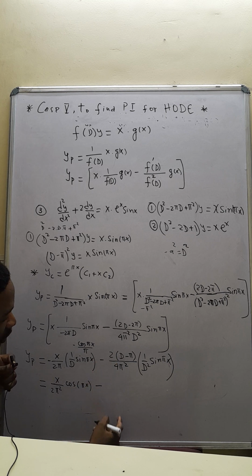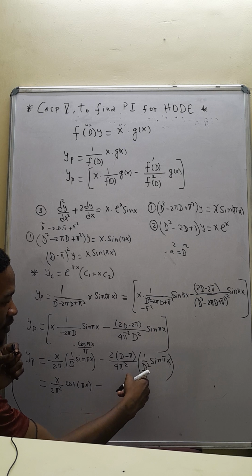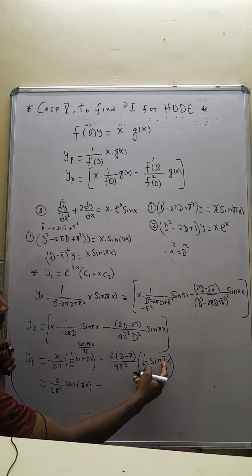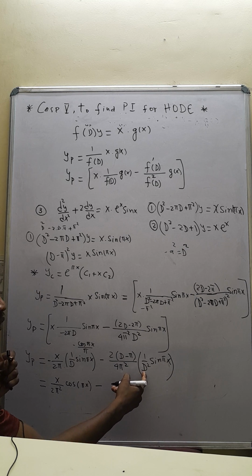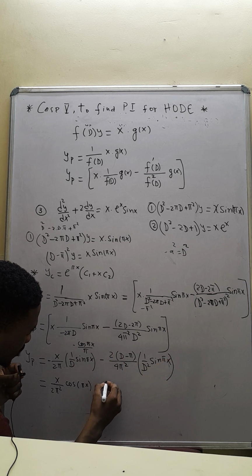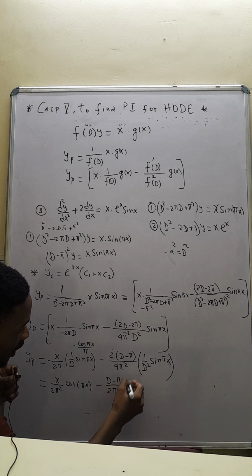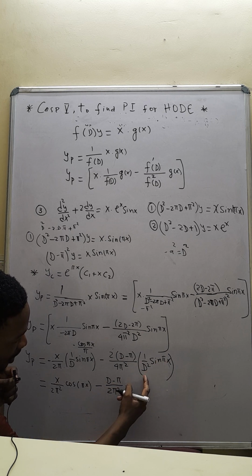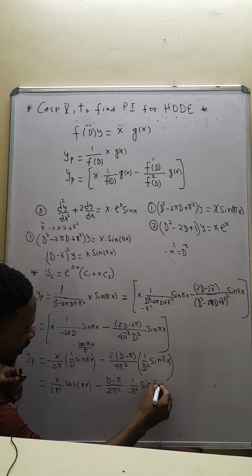Now see, here you can just integrate 2 times, or you can just put minus pi squared in the place of D squared. And it is fine, it's done. Then just simplify this and this. You're going to have 2 pi squared, and here D minus pi. This one, just put here minus pi squared, 1 upon minus pi squared, sin of pi x.